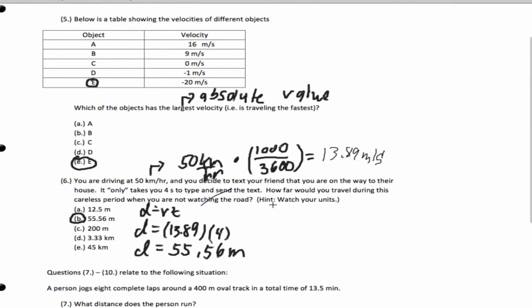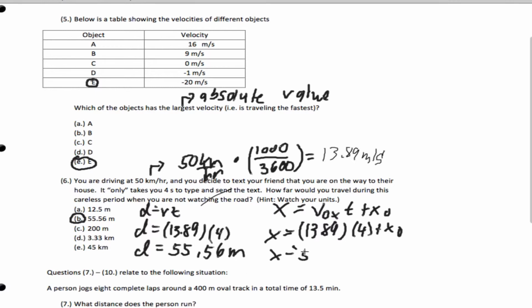Of course, you can do it the other way, which is x equals v naught x t plus x naught. And there you will get the final x is going to be 13.89 times t, which is 4, plus x naught. And you wind up with the same 55.56 meters.